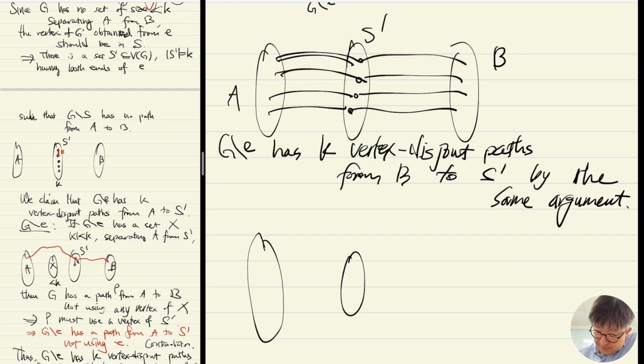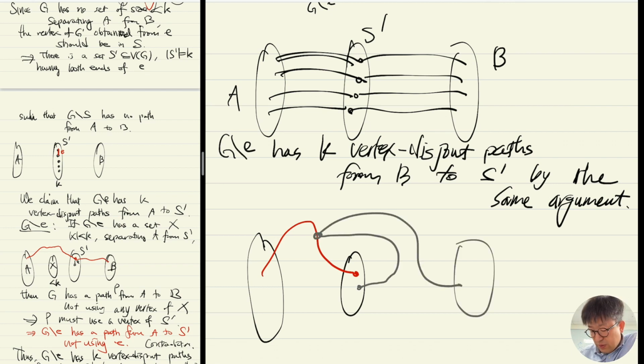If I have a path here and another path here sharing a vertex, then I have a path from A to B not meeting any of S prime.